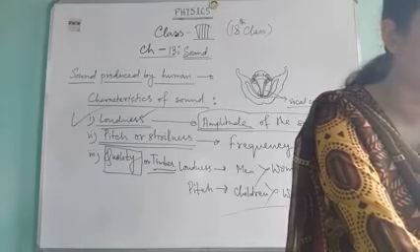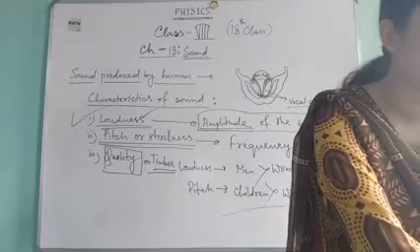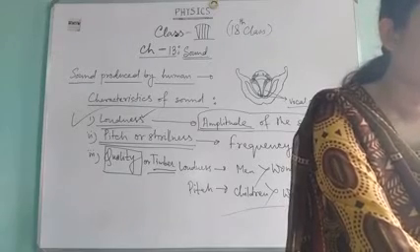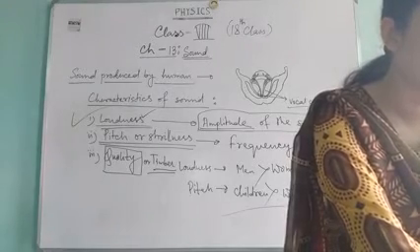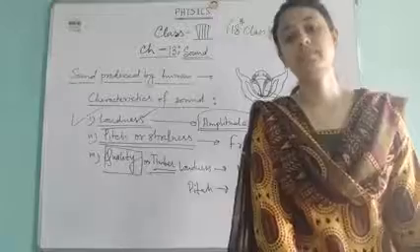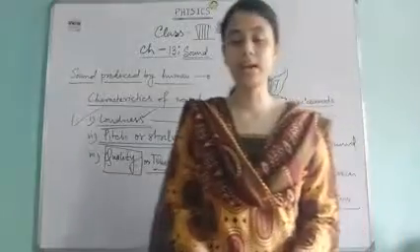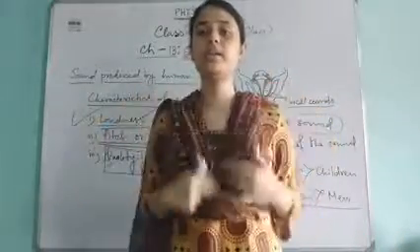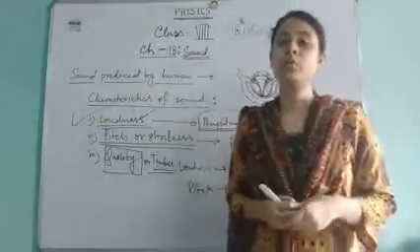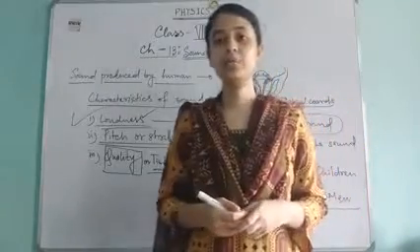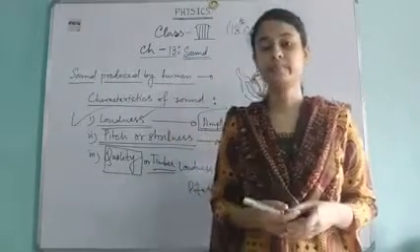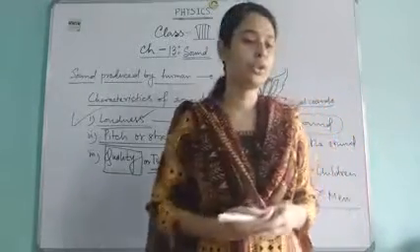Now we will be talking about the propagation of sound. As we all know, it needs a medium for propagation, because sound is a kind of mechanical wave. What kind of mechanical wave? It is a type of longitudinal wave.